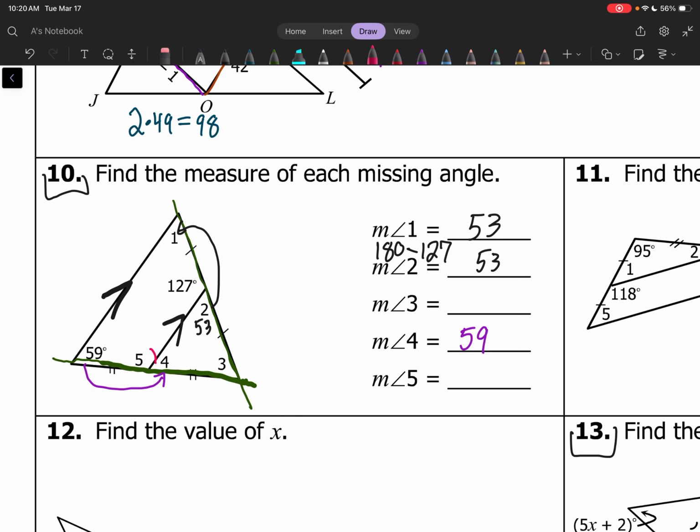Angle 4 and angle 5 are supplementary, so 180 minus the 59 for angle 4. And that's going to give me 121. That I wrote in the wrong spot.